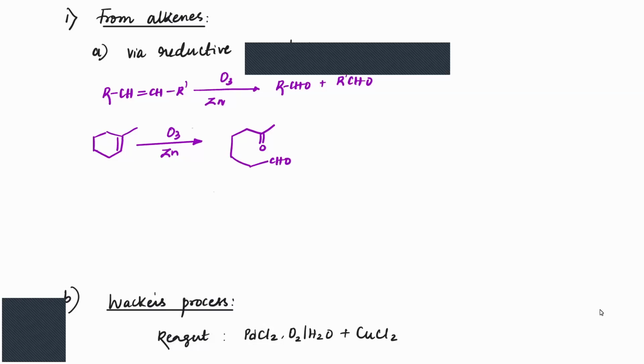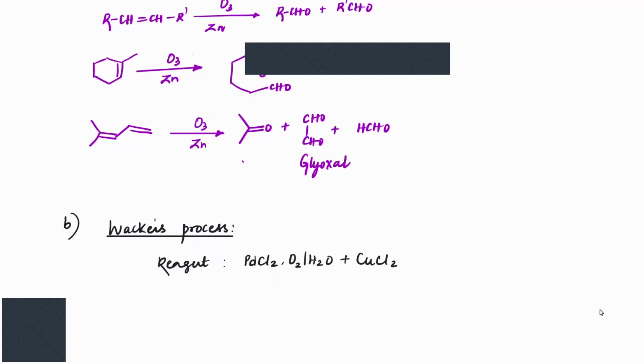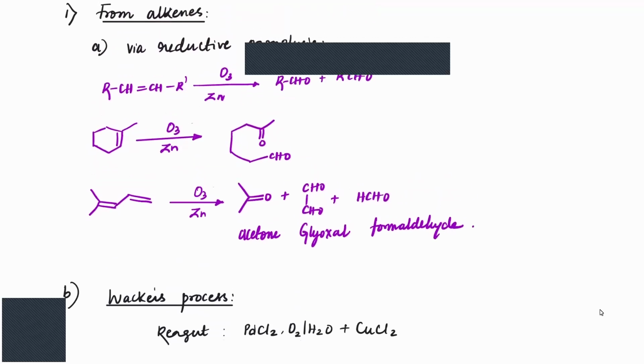Likewise, if you have a double bond like this, performing ozonolysis with zinc, you would get this as a ketone, one CHO group will be there, and the other one will be HCHO. So three different carbonyl compounds are formed. This is glyoxal, this is acetone, and this is formaldehyde. Clear?